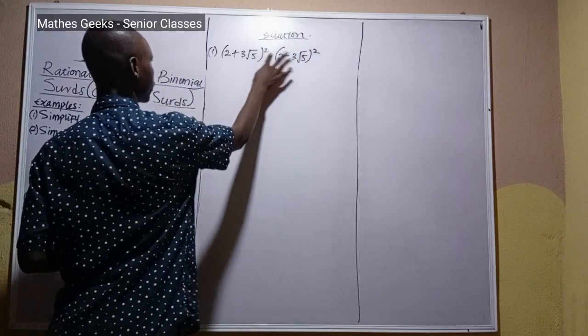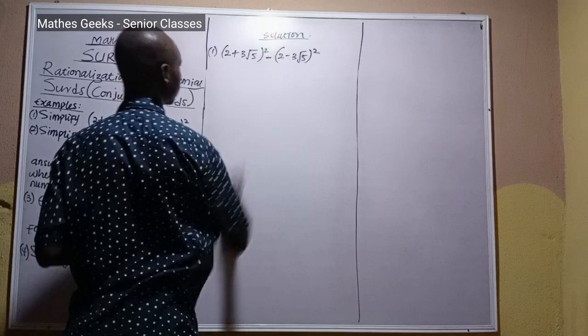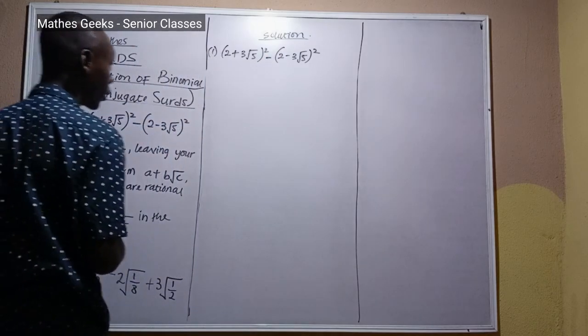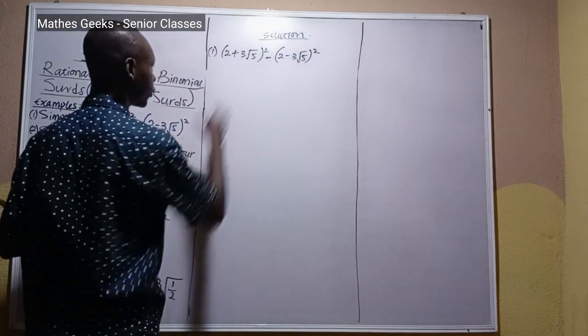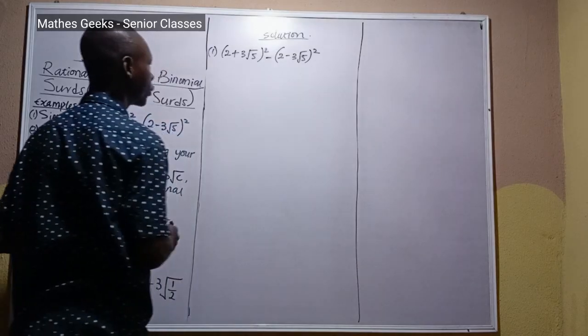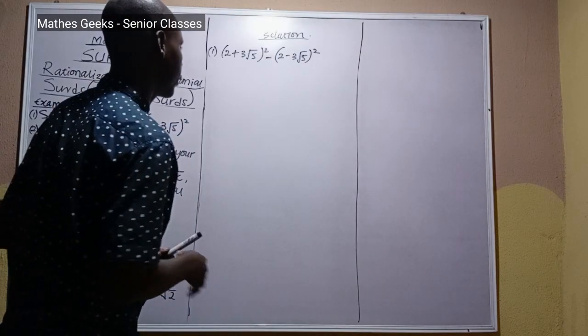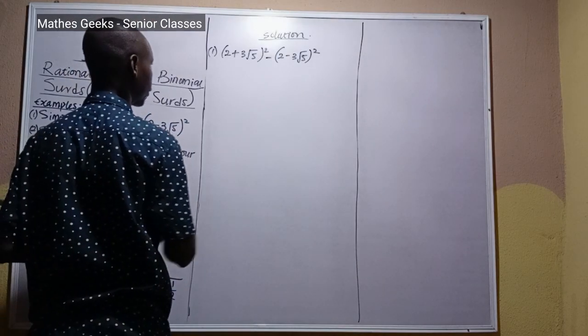So this is a difference of two squares. I'm going to simplify it without using the difference of two squares procedure.